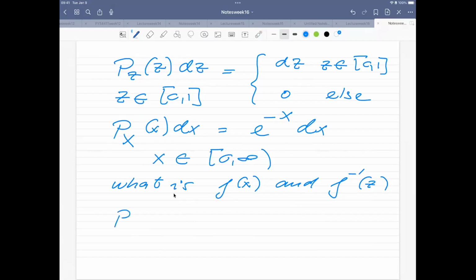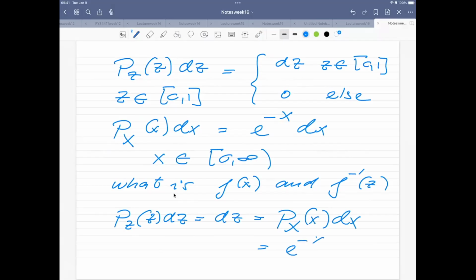We simply require that p of z, d of z, which in our case is just dz, is equal to p of x, d of x, which is then equal to e to the minus x, d of x. Then I integrate, and I get something called the cumulative distribution.